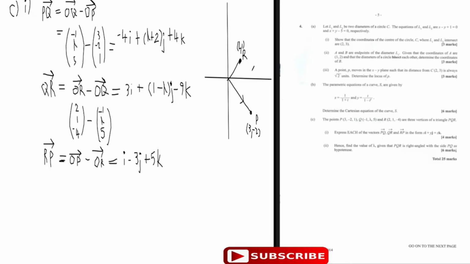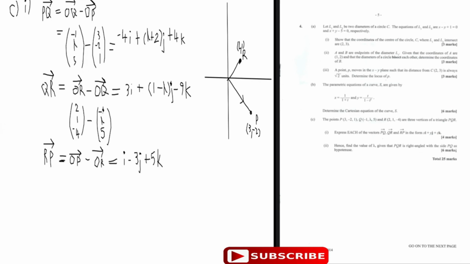So PQ is the longest side. So where can we put Q? PQ is the hypotenuse, so maybe Q is somewhere here. I'm just putting a point.